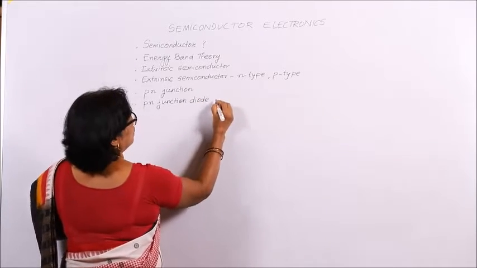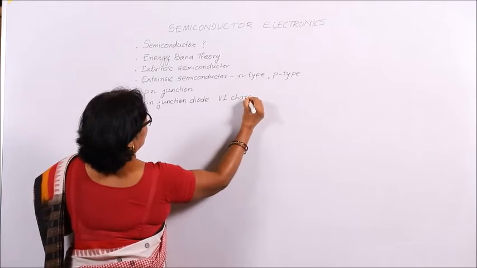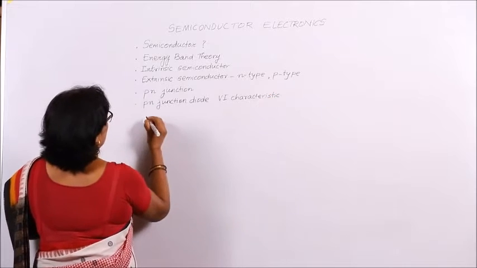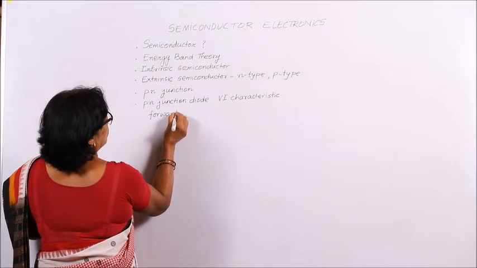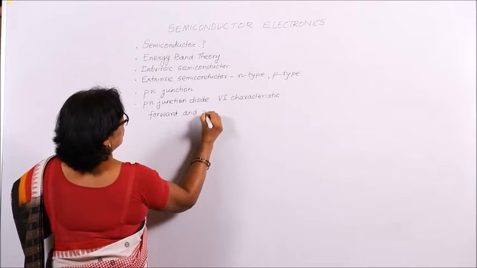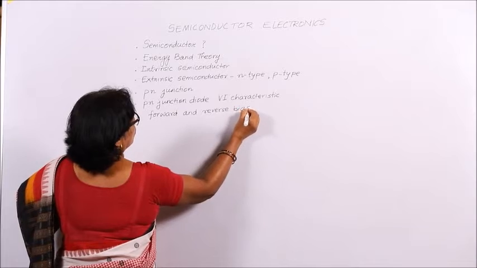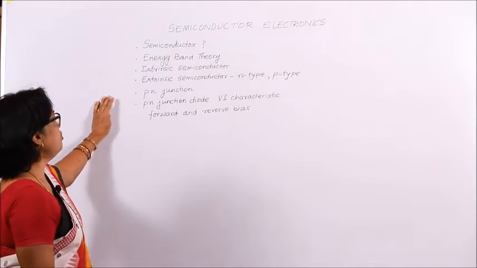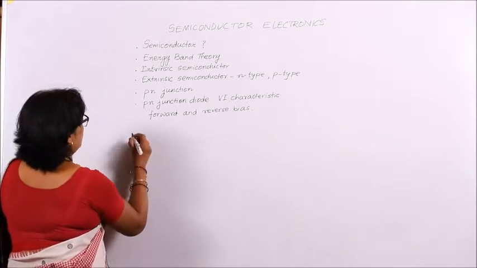So, the PN junction diode, the VI characteristic, which will include both the forward bias and reverse bias. I think in a single class we will be able to complete all these things. So, let us start with what is a semiconductor.